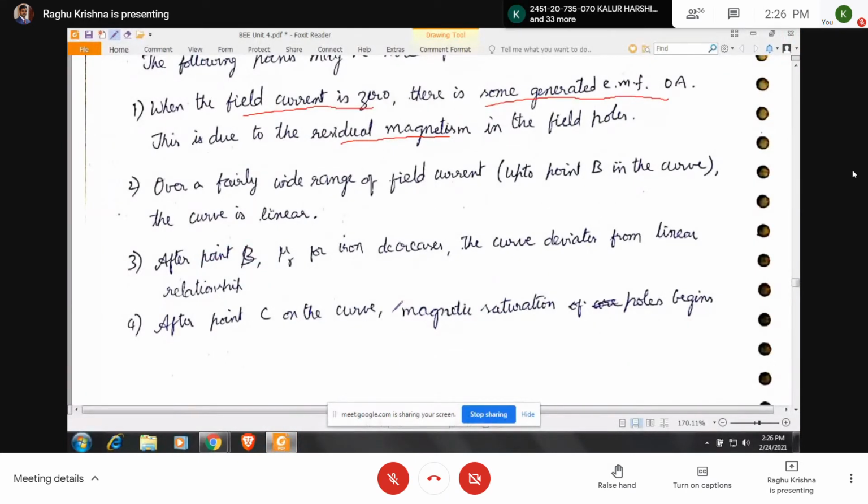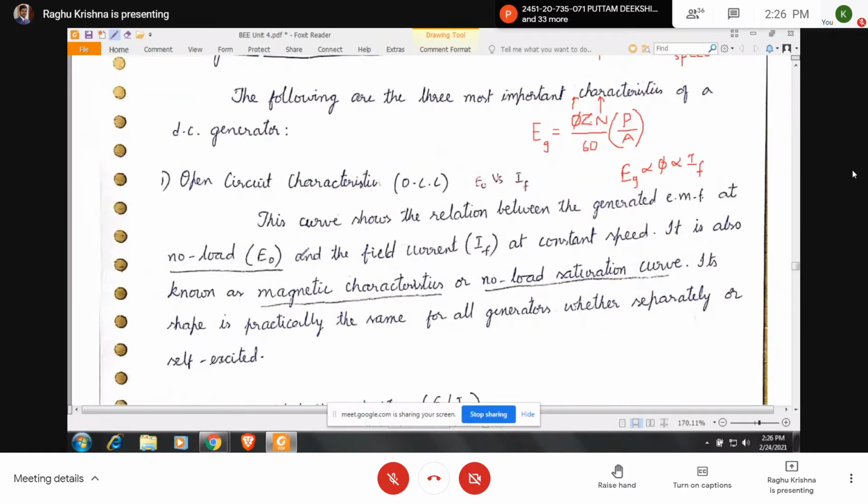It is a graph between E0 and IF, or generated EMF and field current. Open circuit characteristics means E0 versus IF. It is a curve that shows the relationship between the generated EMF at no load, called E0, and the field current IF at constant speed.